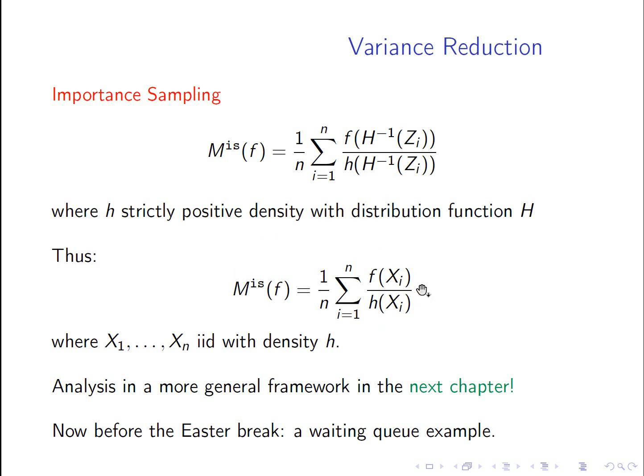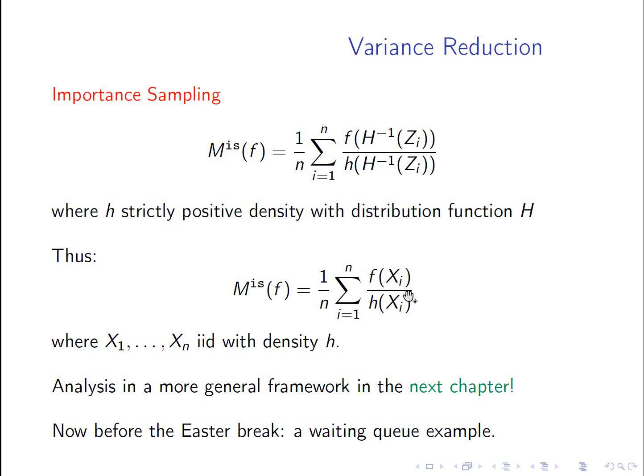So in fact, our importance sampling estimator is doing this: we are sampling IID copies of f of xi divided by h of xi, and then averaging again.